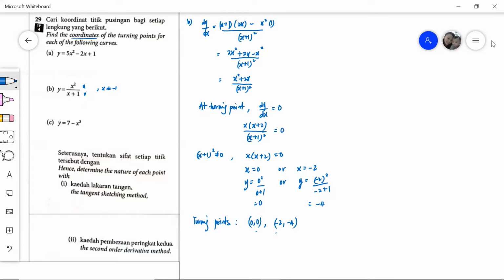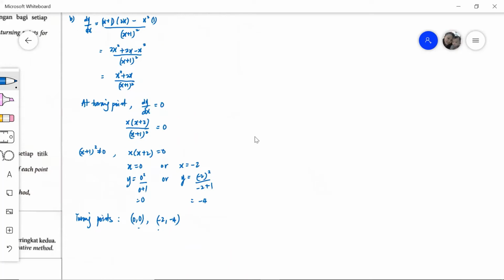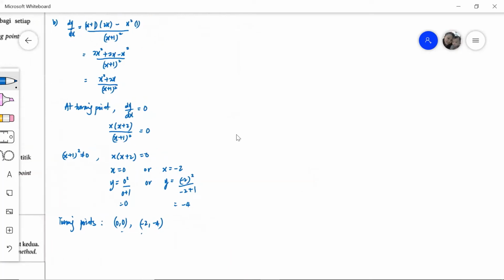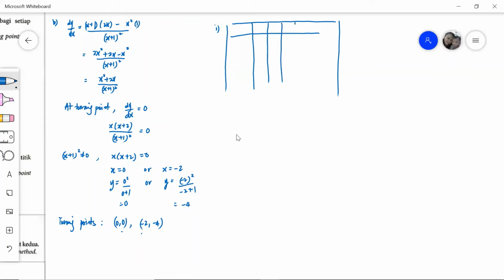The first method will be the tangent sketching method. Since I have 2 points, in the table, for every point I need to test the coordinates just before and after.